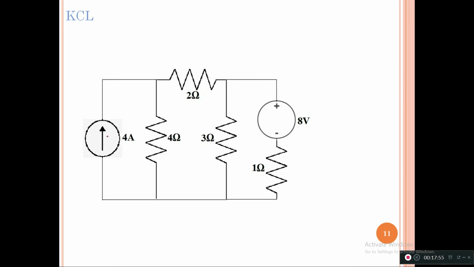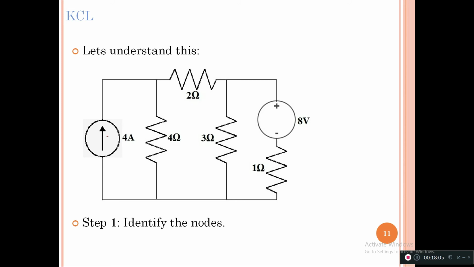Okay. Let us understand how we have to analyze the KCL circuit, or the nodal analysis. So this is the electrical network. The first step, whenever we apply KCL and try to find the unknowns in the problem, is to identify the nodes. How many nodes are present in this particular network?